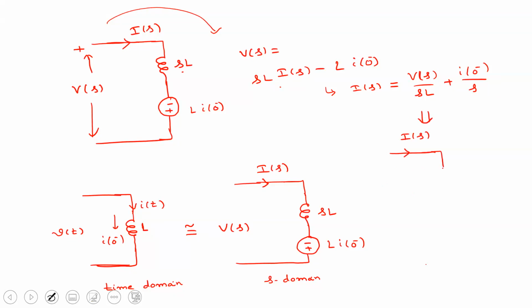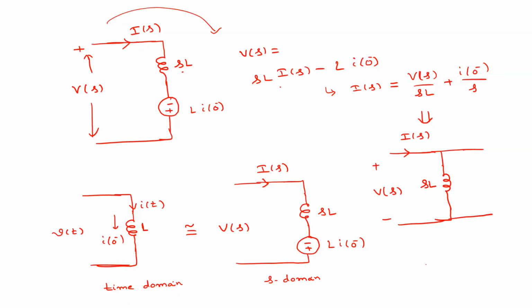We have two elements here. One is the inductor in S domain. What is the value here if this voltage is V of s? We'll treat this as sL, right? And what is left here? I of 0 by s. How to represent this?